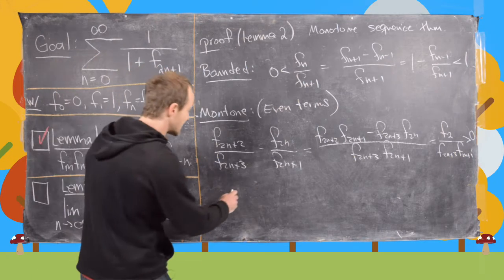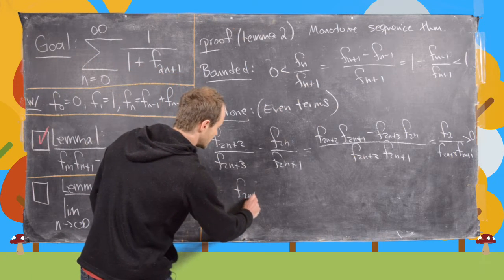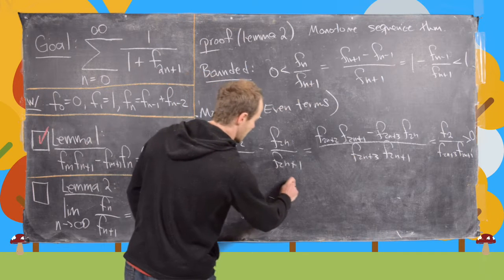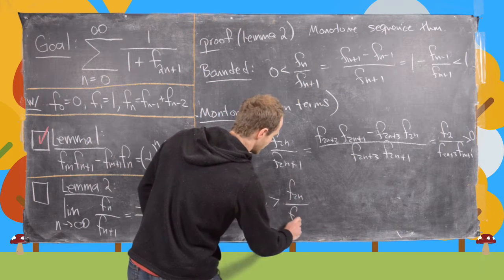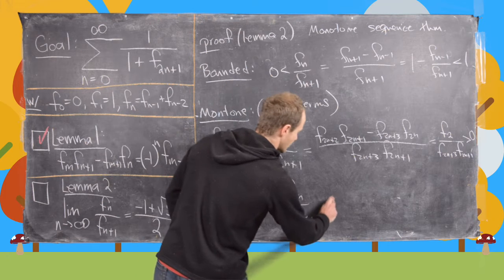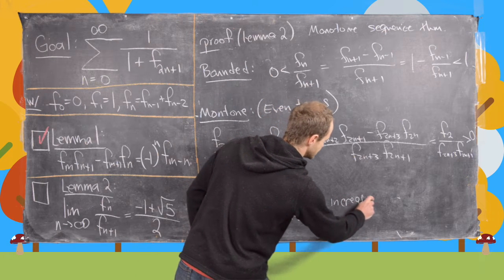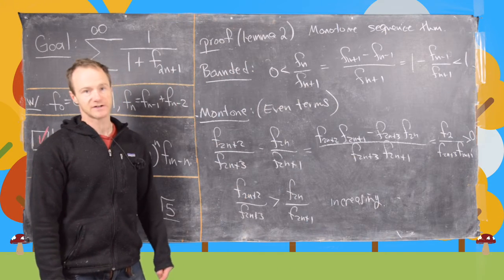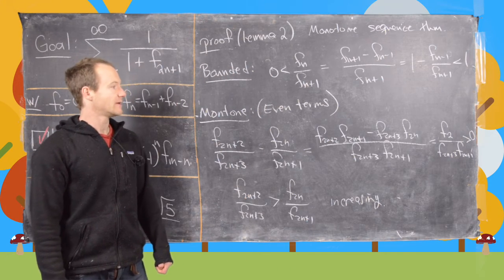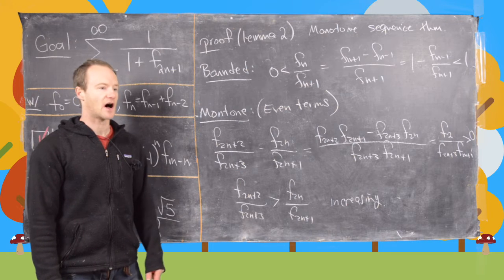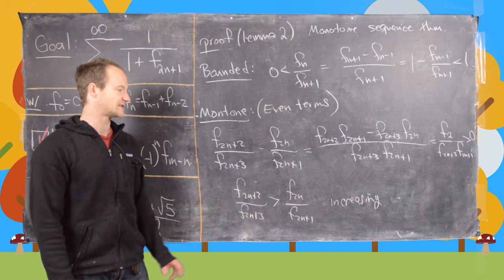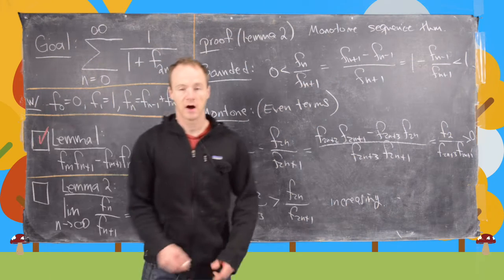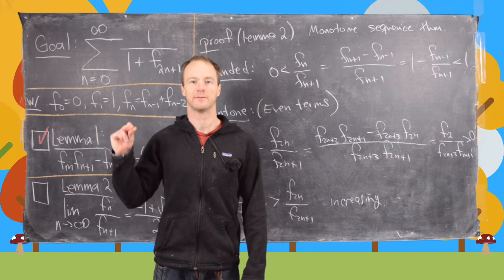So what this tells us is that F_{2n+2} over F_{2n+3} is bigger than F_{2n} over F_{2n+1}. In other words, we have an increasing sequence. And so that will show us that the even terms have a limit, and then similarly you can show that the odd terms have a limit, and then you can argue that they have the same limit, but we're going to skip those details and then just calculate the limit of this thing. Okay, I'll clean up the board and then we'll calculate the limit.